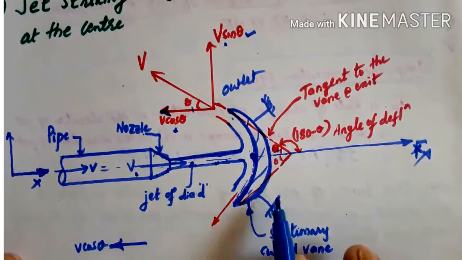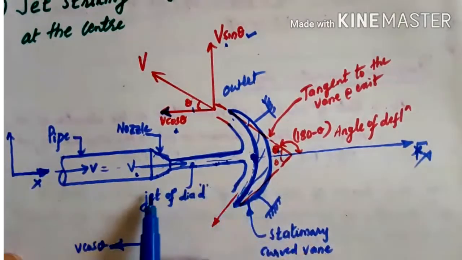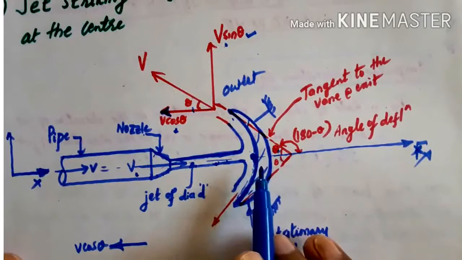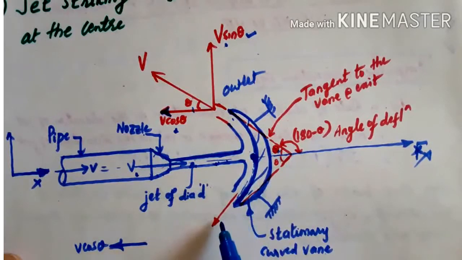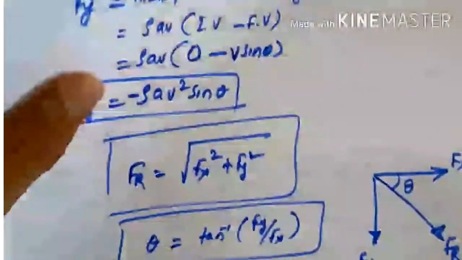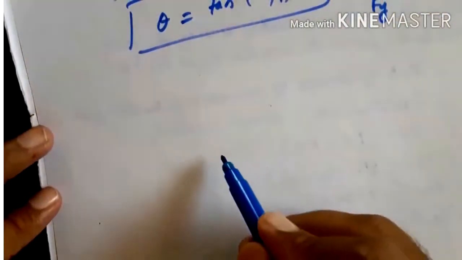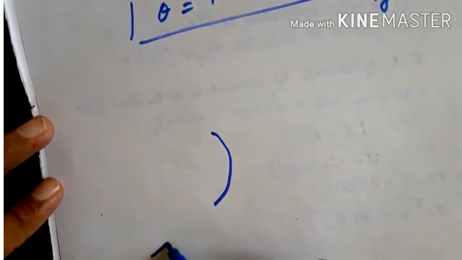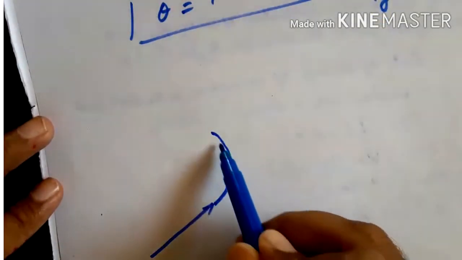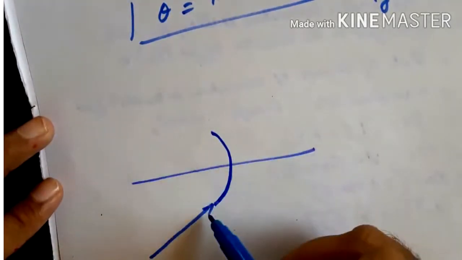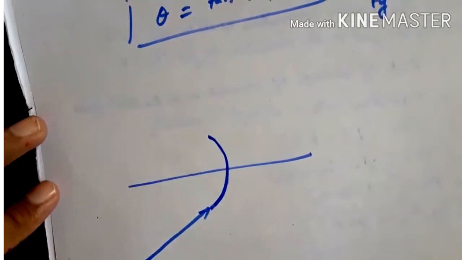So this is a symmetrical case, that is a jet striking at the center of the vane. In the next lecture we'll take the case of the jet striking at one of the tips of the vane, with the vane placed symmetrically. That case we'll consider and solve.